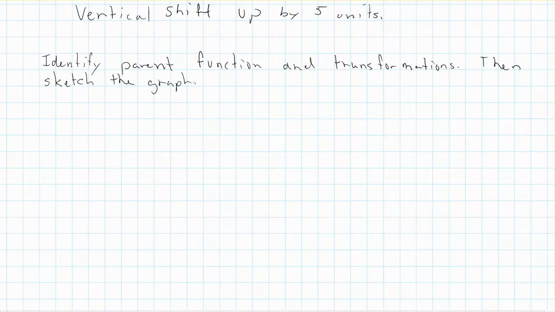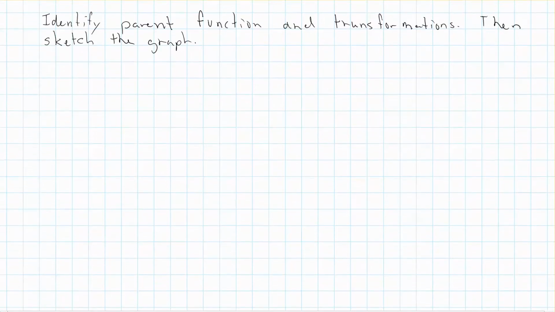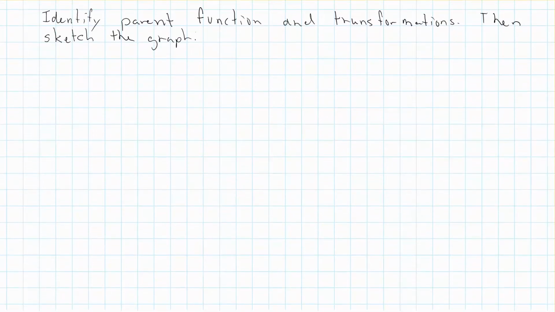Now, when we do sketches of these graphs, I want to see the parent function sketched and then also the transformation function. So let's first look at what it is we have here. So we have h of x. I'm going to do another square root one here. Square root of x plus 1 minus 3.